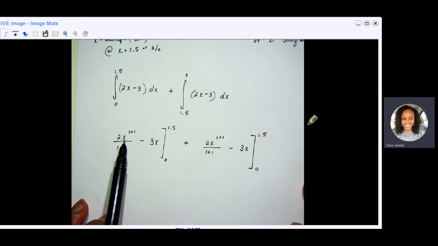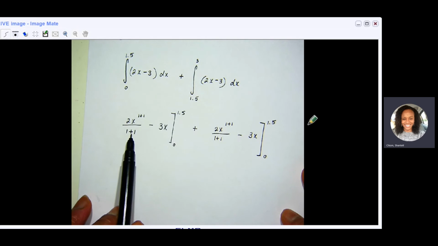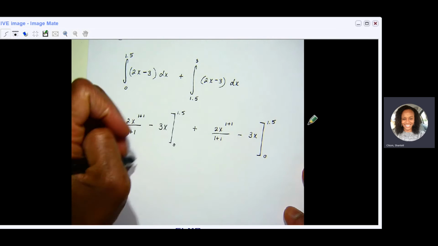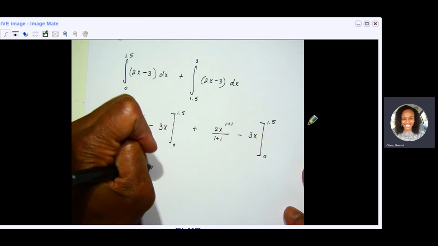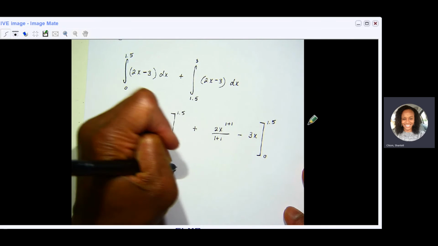So right now we just applied the power rule where we had to add 1 to the exponent and put that new exponent on the denominator, creating a fraction. So it ended up being 2x squared over 2, but that 2 over 2 just cancels out, so it's just x squared minus 3x. We're going to evaluate that from 0 to 1.5.